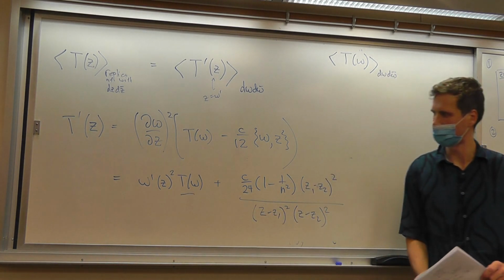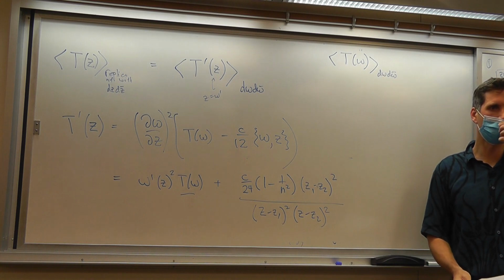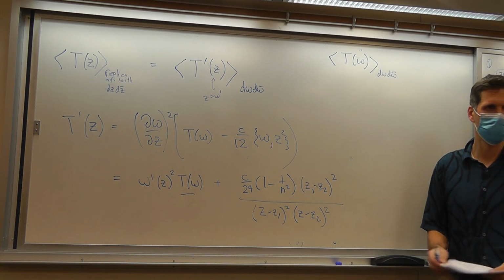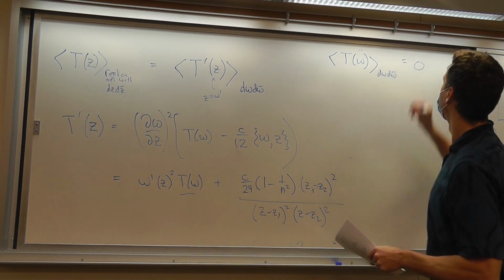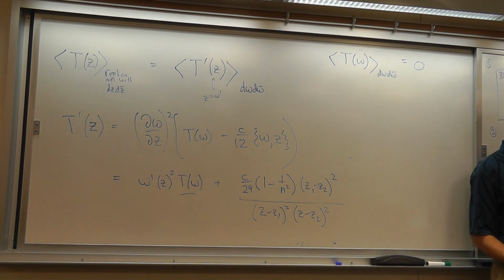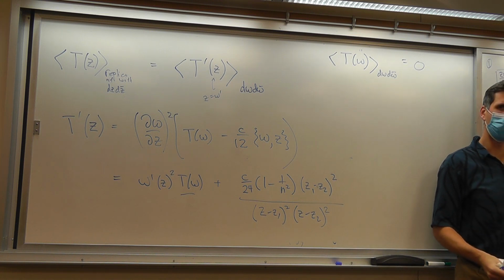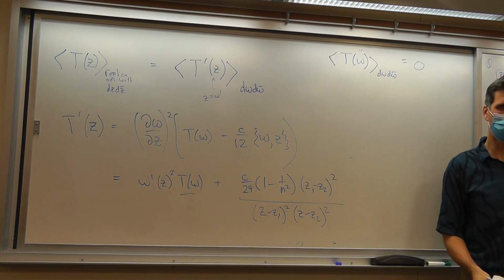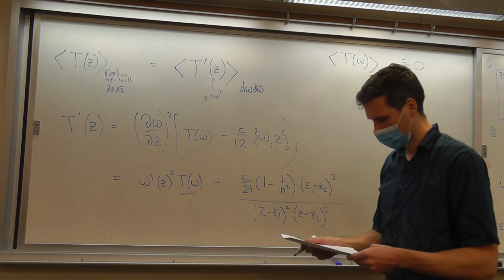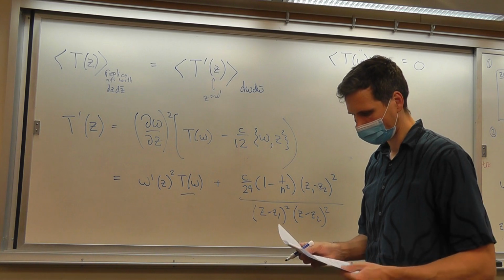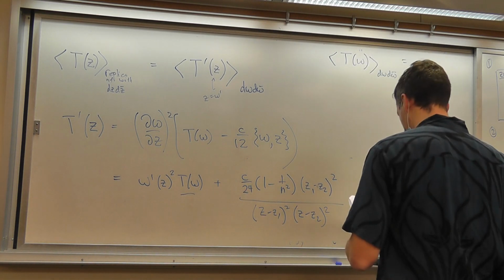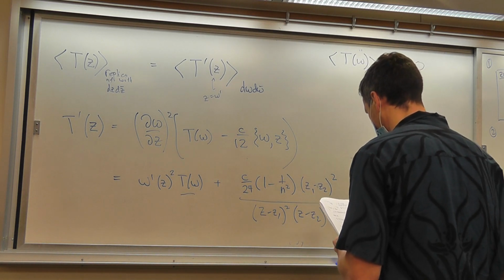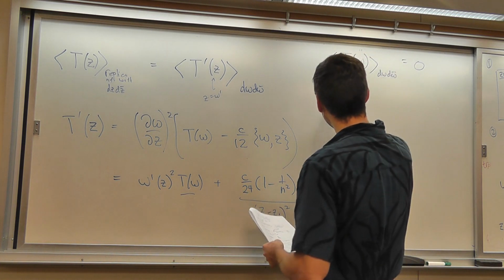The expectation value of this is just 0, because in the vacuum state on a flat manifold, the stress tensor just vanishes. So that term is 0. Now we basically have our answer for this part of the calculation.